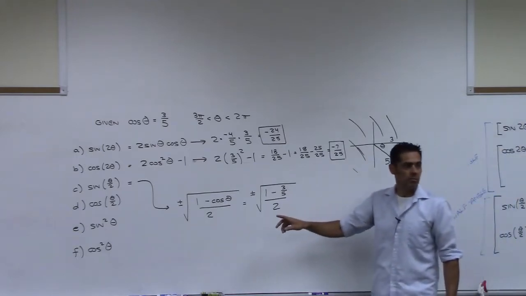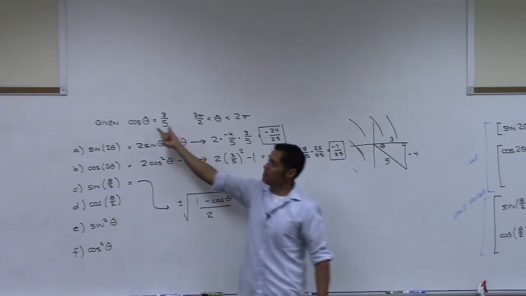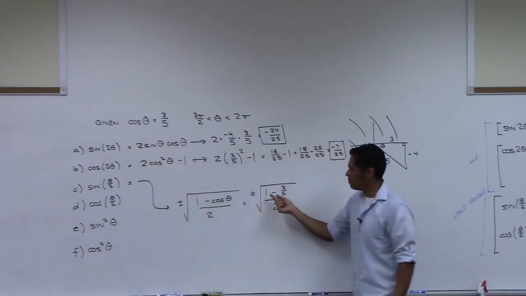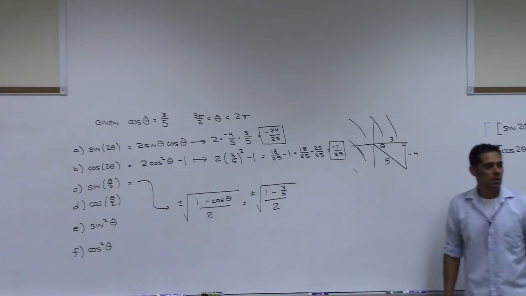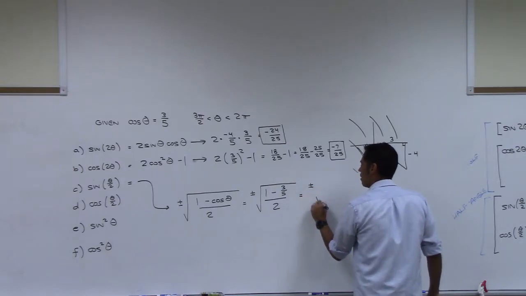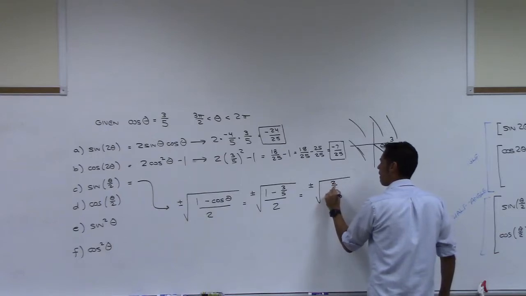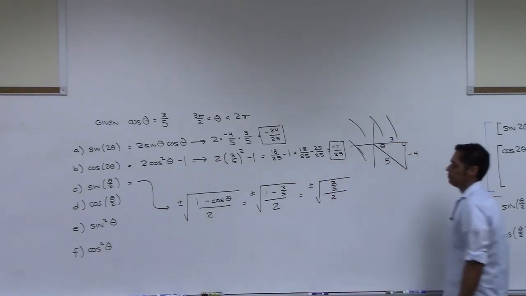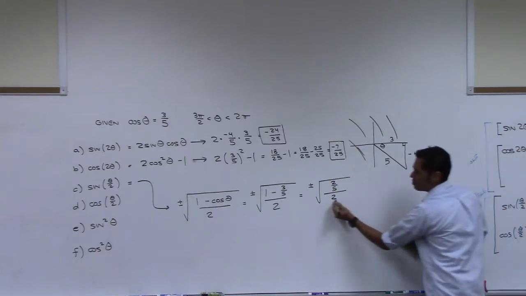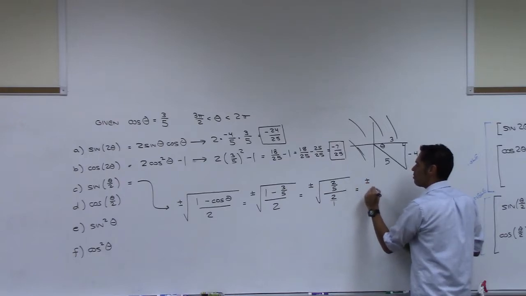Cosine theta I actually know because it was given to me. It's 3/5, so that's 1 minus 3/5 over 2. I figure out the numerator: get a common denominator and subtract. So what is this up there? 2/5 all over 2. You can look at that 2 as 2 over 1 and then flip it. So what do you get there? Plus or minus square root of what?